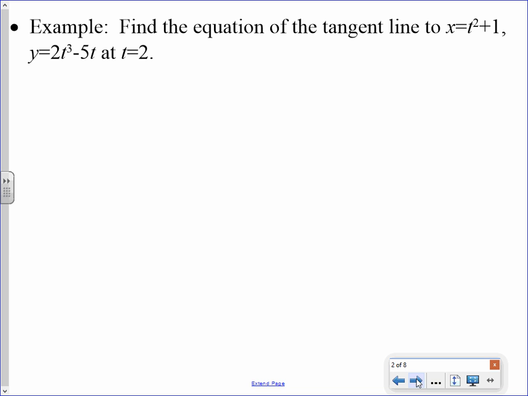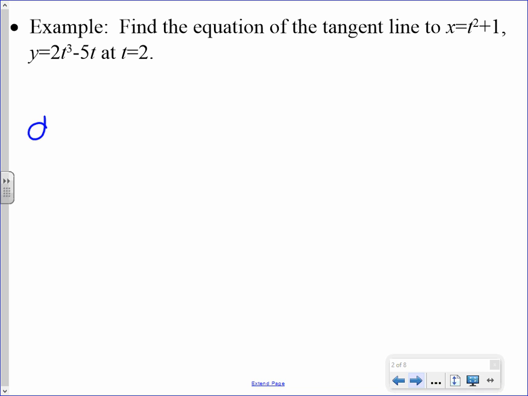Now, are you pretty glad that you're not having to eliminate the parameter here? It's going to be way messier to try to eliminate the parameter and graph. We want to treat this as a parametric curve, which means we're going to have to find the derivative parametrically.